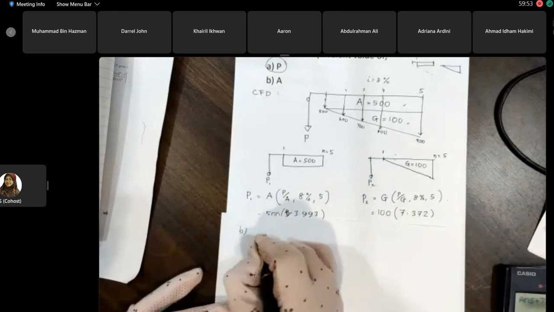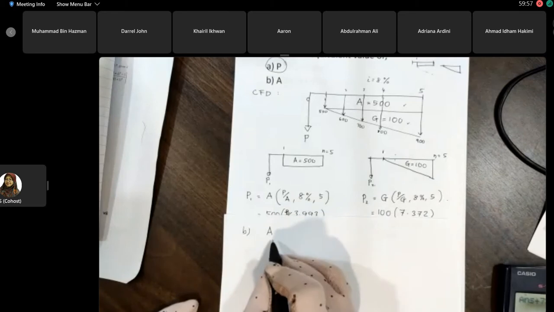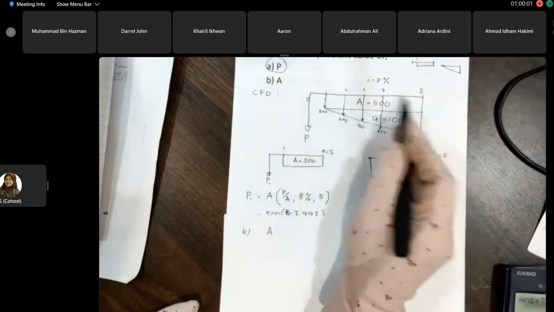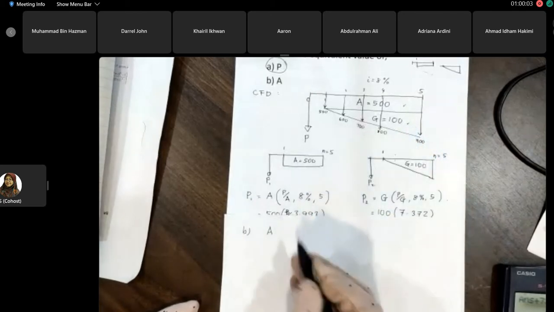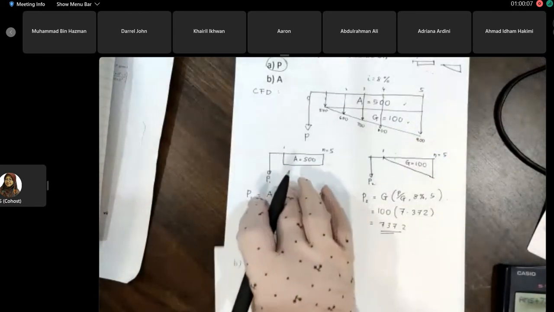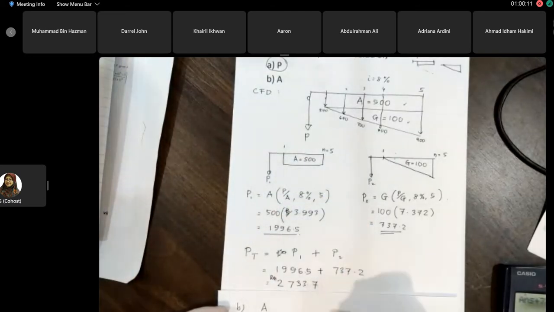So you want to get A, the annual payment without any increment. So you want to average, to make it average. So what you have to do is, let's say I take from this answer. You already know about the P total here.